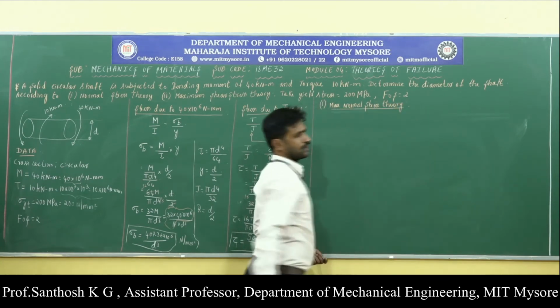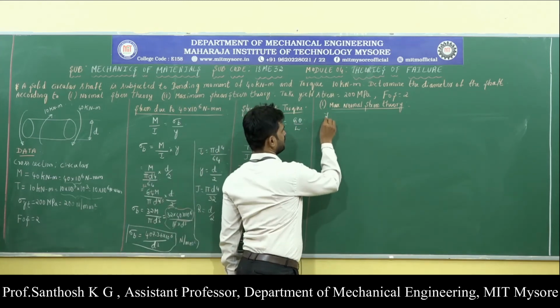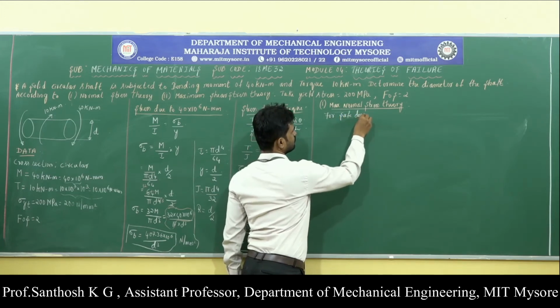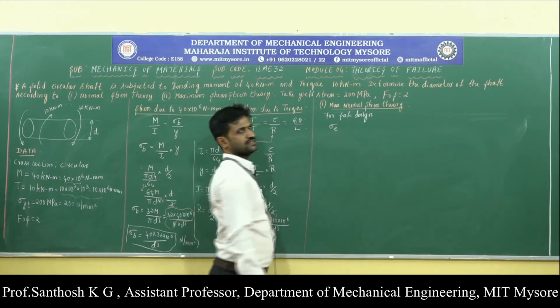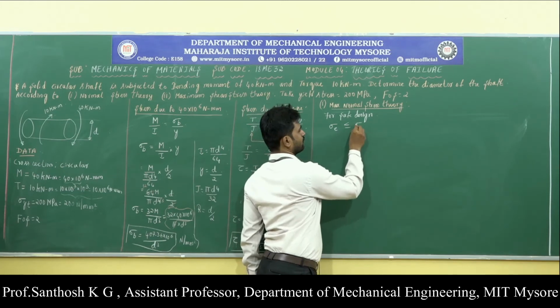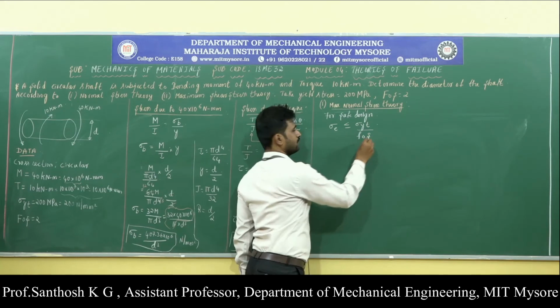The maximum normal stress theory states that for safe design, the normal stress that will be induced in a member should be less than or equal to sigma yt divided by FOS.